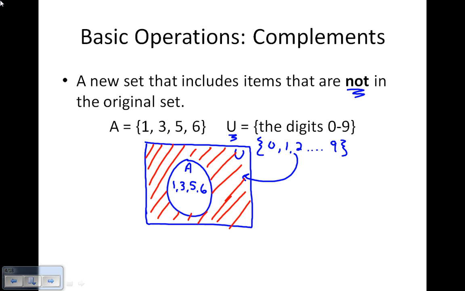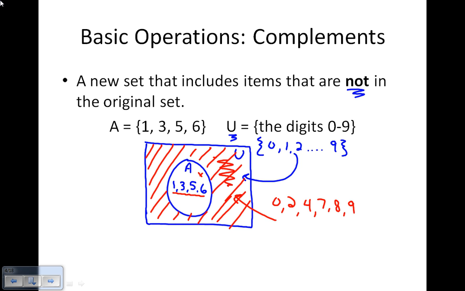So the numbers that are outside of it are whatever is not included in A. So those numbers must be 0, 1's already included, 2, 3 is already included, 4, 5's already included, 6 is already included, and then 7, 8, and 9. Notice that those are the digits that are still in the universal set, but they are not in set A.